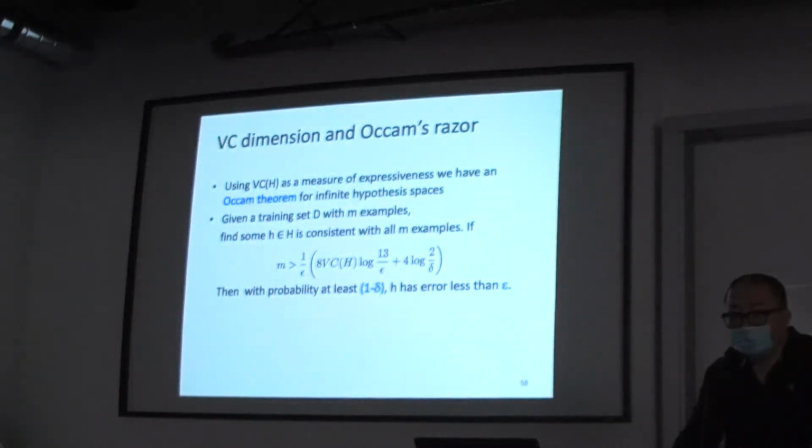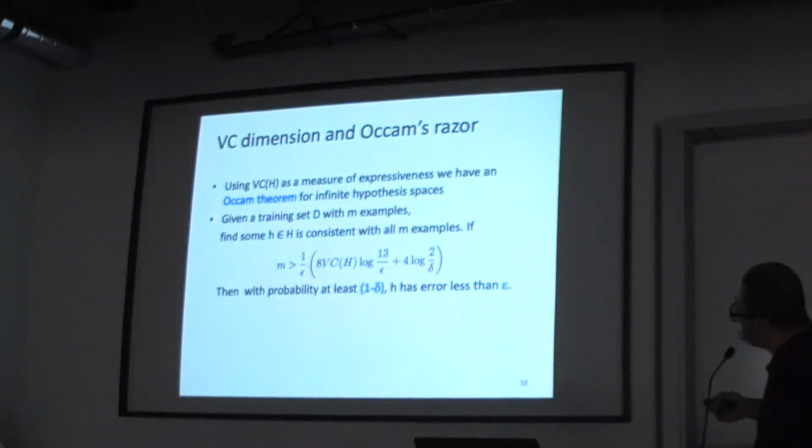But actually, the insight it reflects is the same as we did before, where we assumed that your hypothesis space is finite. So here is the result for the consistent learning setting.